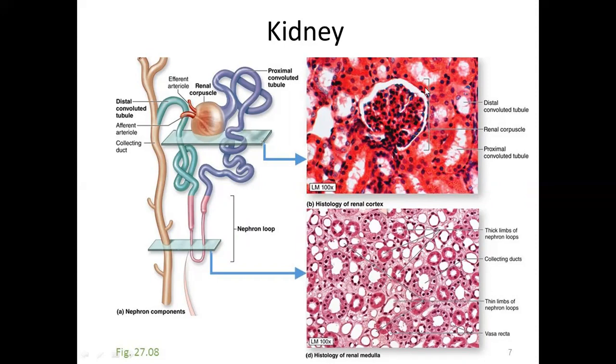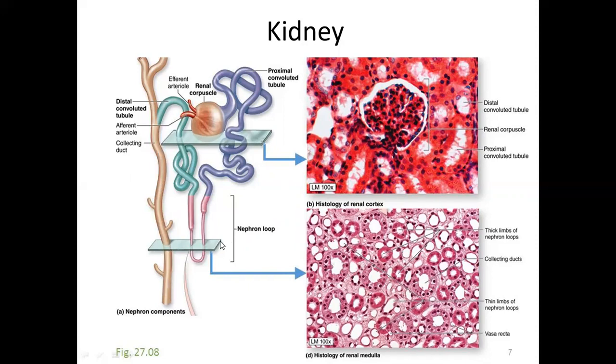So this is the cross section of the renal corpuscle, and then there are different tubules cutting inside the cortex. There are proximal convoluted tubules here as labeled, and then we have distal convoluted tubules, and we have to differentiate between the proximal convoluted tubule and the distal convoluted tubule. We'll discuss them individually in coming slides. Then within the medullary region, you can find the nephron loop, its different sections, and the last part of the collecting tubules, which is the collecting duct in the medulla.